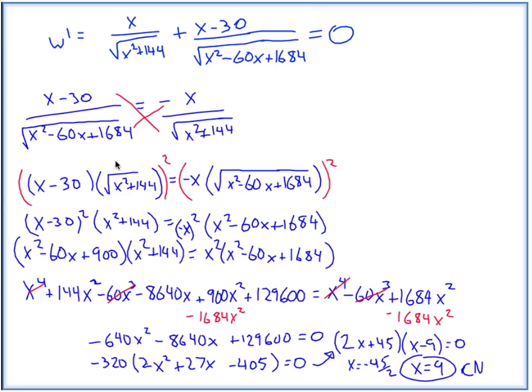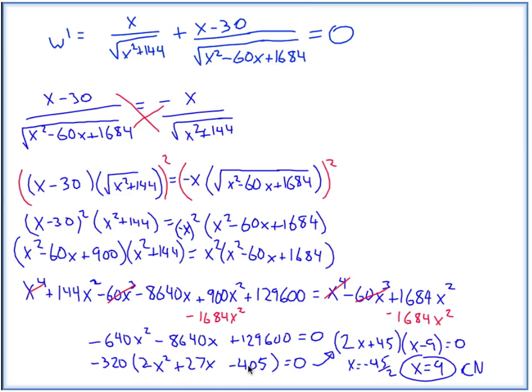Alright, so here is the solution. You can go through and see what happened here. We cross multiplied, and then I squared both sides. And then I went ahead and multiplied these polynomials together, and then I set it all equal to 0. And then I factored out the greatest common factor, which was negative 320.